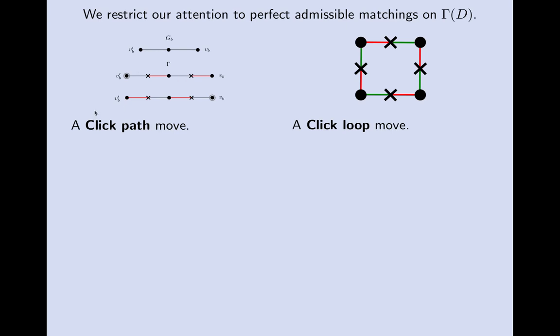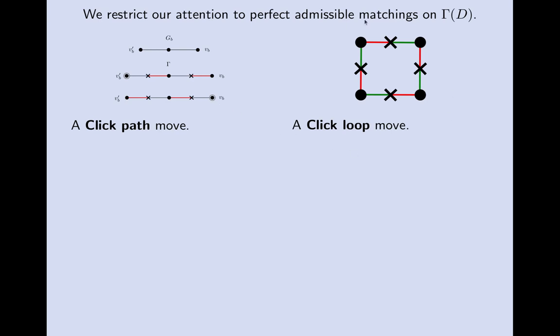Then what we can do is simply grab these matched half edges and shift them, in this case on the left, by a half edge. This has the net effect of matching VB prime and leaving VB unmatched.